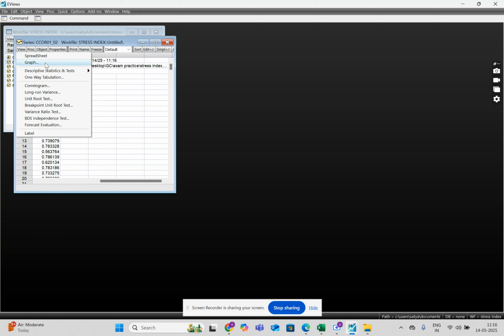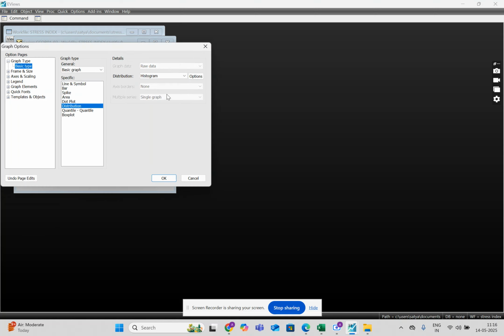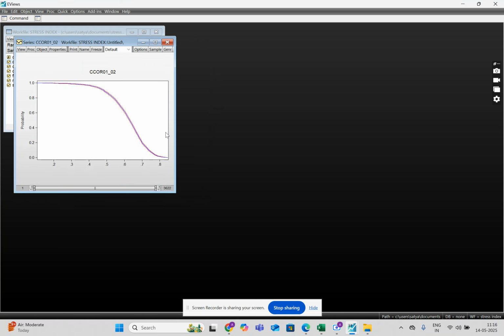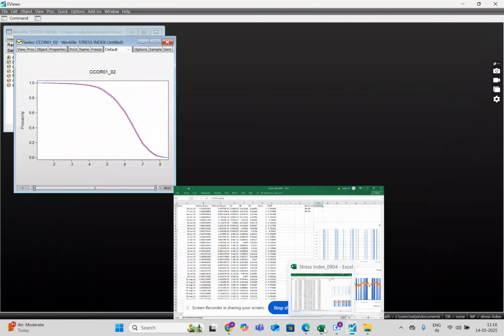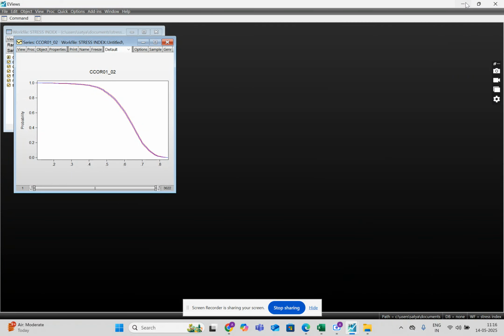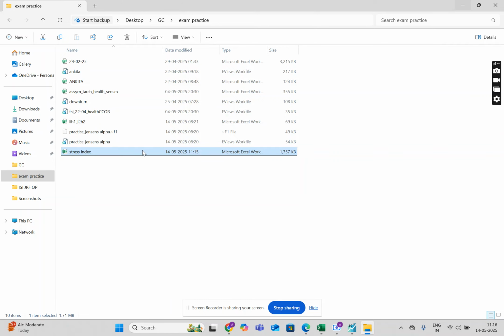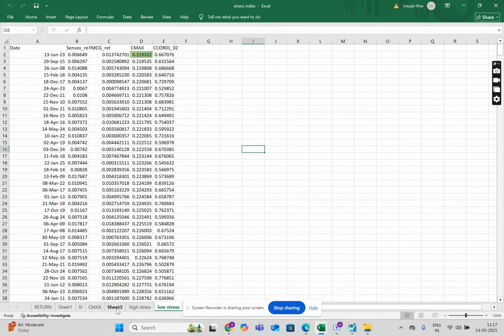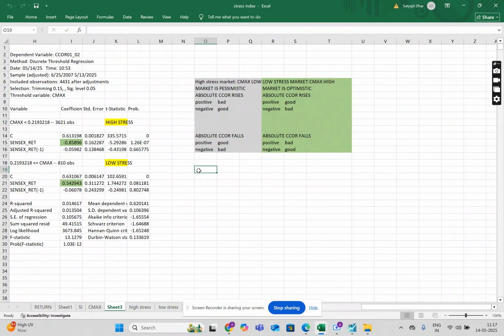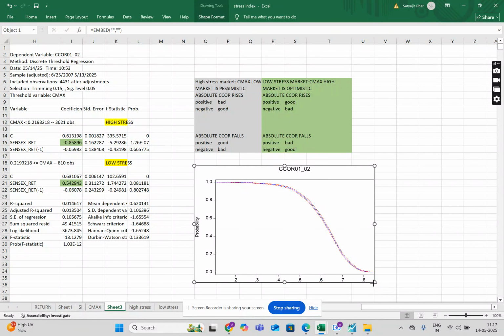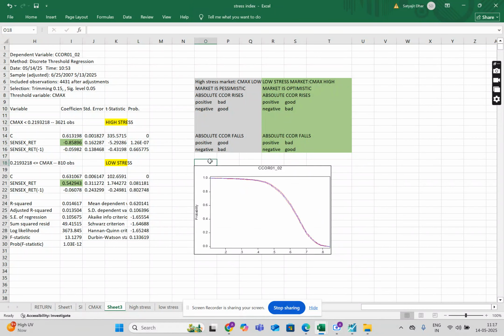Let's go to graph, distribution, and it is on the basis of an empirical survival function. Okay, we will analyze this later. Let me just first copy it. So this is, I think, for the high stress market.